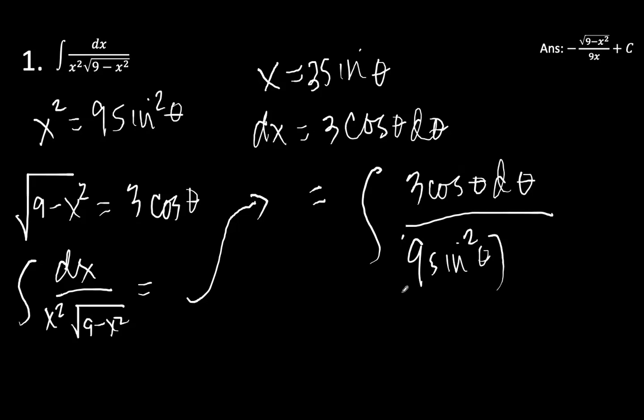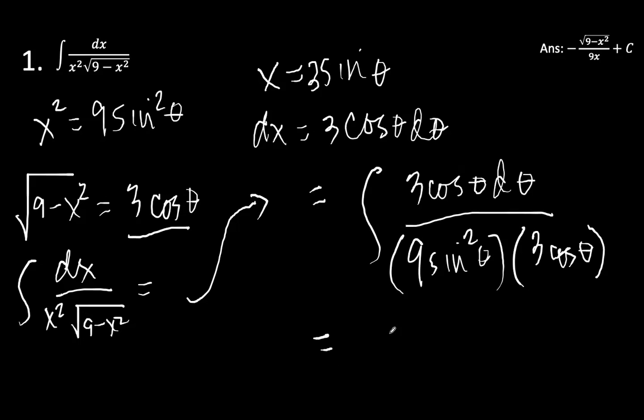So we're now substituting the trigonometric expressions. And the square root of 9 minus x squared is equal to 3 cosine theta. So 3 cosine theta, correct? Okay, so I think we substituted everything correctly.